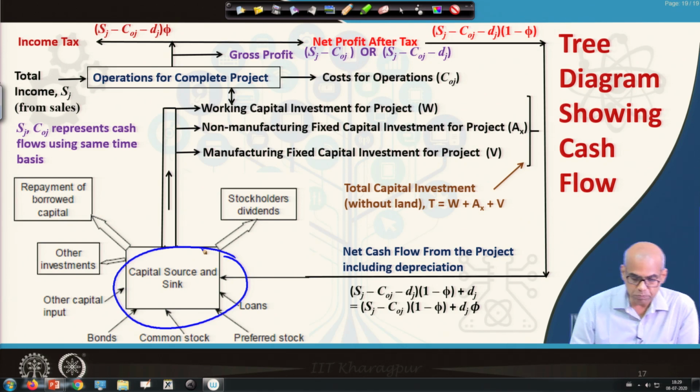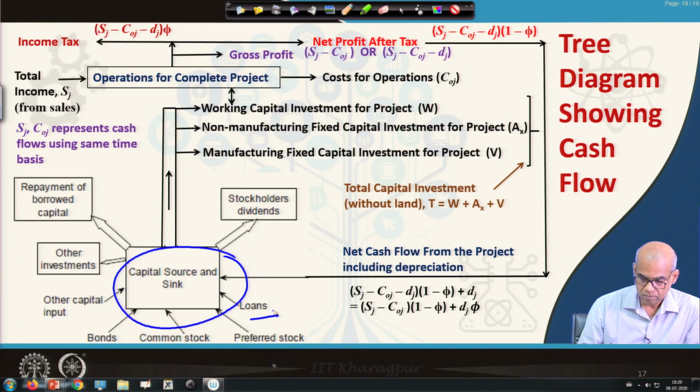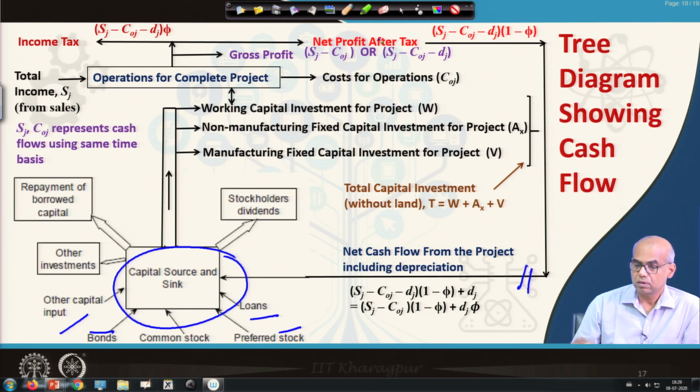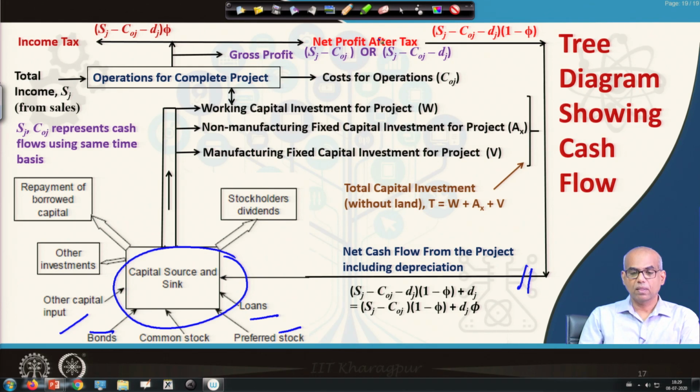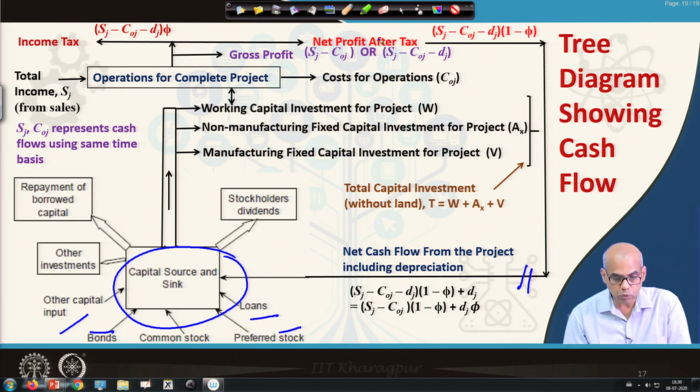So, look at the inputs to this source: loans, stock, bonds, other capital input, and also from the project operations. What are the outputs from this source?